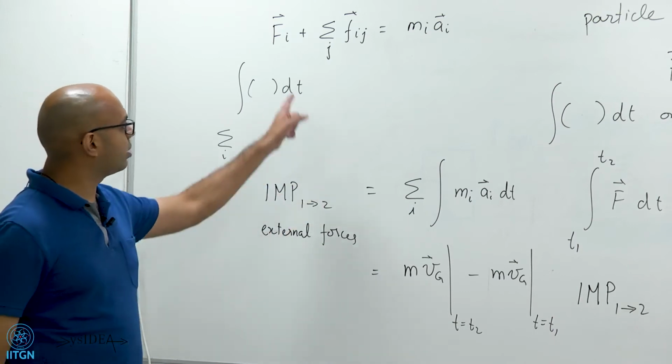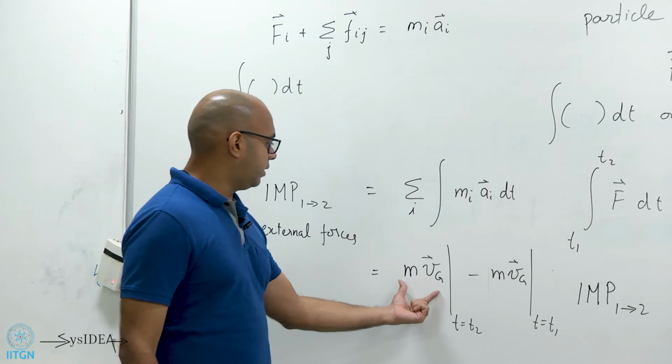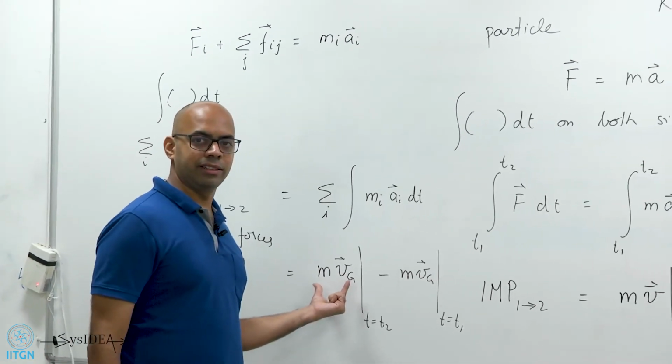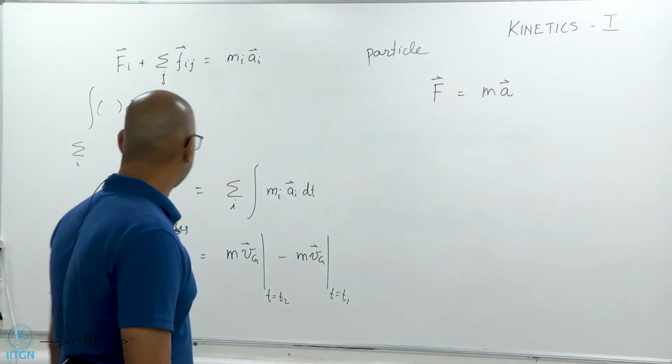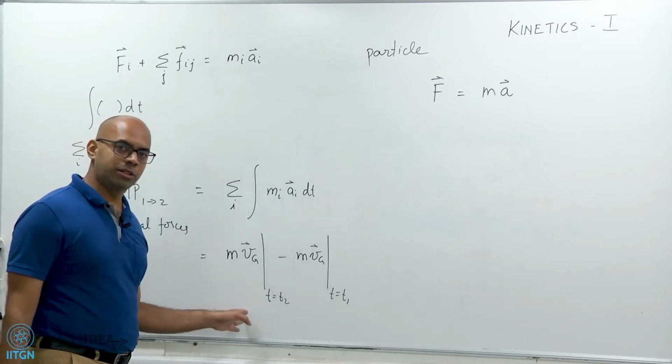So, the same thing is applicable to a system of particles, but now the momentum that I am talking about is of the center of gravity. We can now start talking about rigid bodies, and everything that we have done here is still applicable to rigid bodies as well.